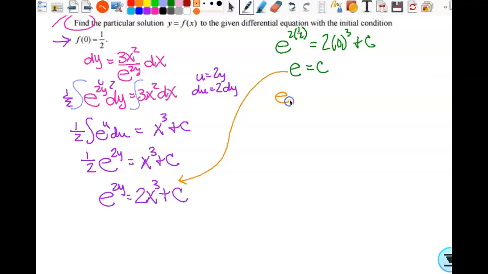All right. So I have e to the 2y is equal to 2x cubed plus e. We good with that? Now, how do I get the 2y out of the exponent with e?